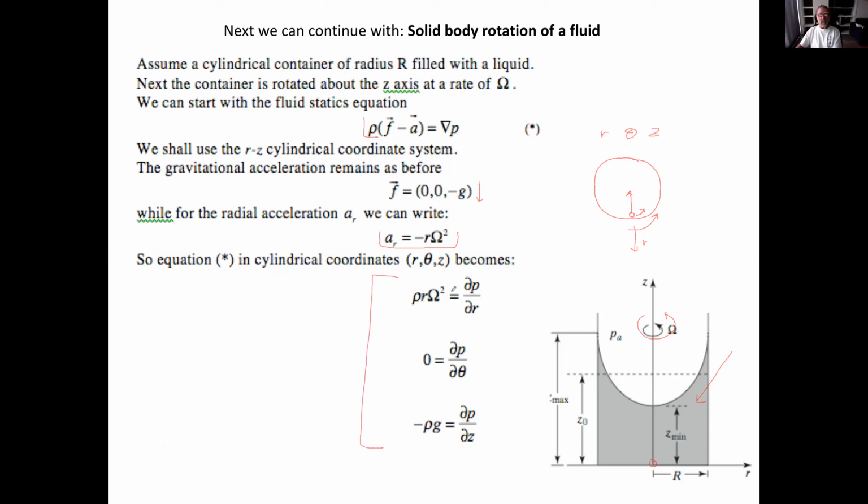So acceleration in the radial direction is balanced by the pressure in that direction. The pressure in the vertical is the same here, but on the tangential coordinate, nothing is happening. So the pressure is probably going to be constant once we integrate it.